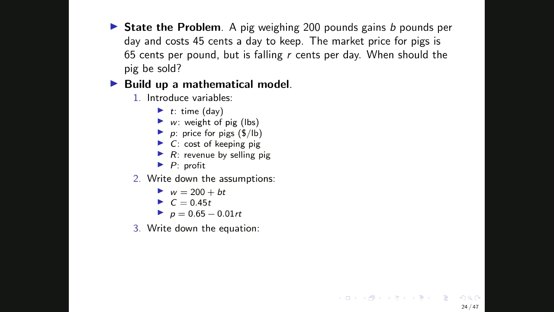Then the profit, P, is equal to the revenue minus the cost. The revenue is by selling the pig, so it's equal to the weight times the price: P times W, the revenue, minus C. Then we plug these three equations in.